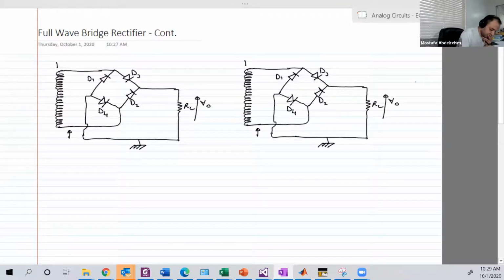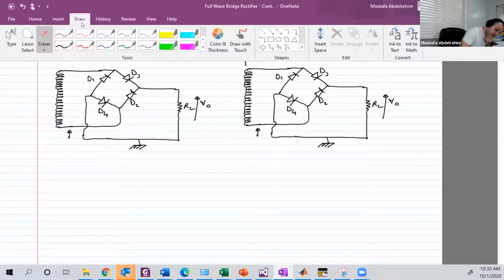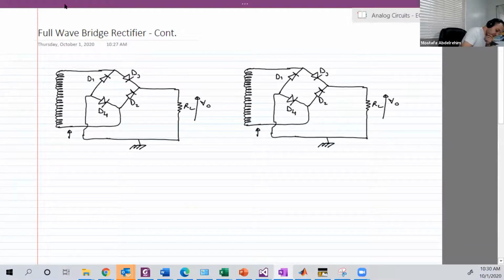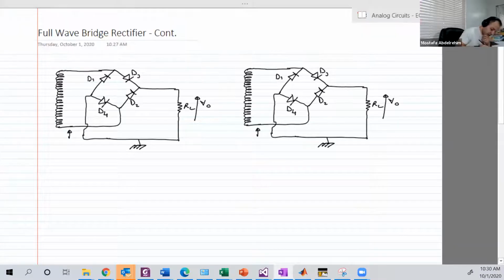In the negative half cycle, remember this. If you have an input and you assume always this is positive and this is negative, so the direction is always like this. So in the negative half cycle, this guy will have negative values.